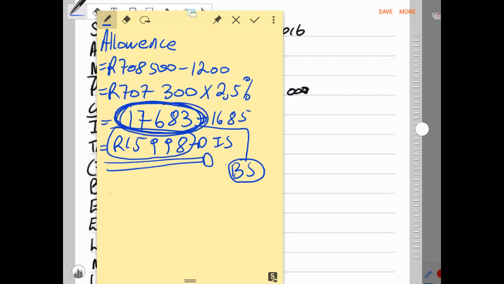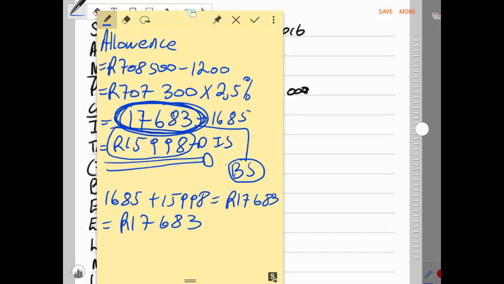Remember, you can say in the balance sheet under debtors, 1,685 plus 15,998. Obviously, this will give you the same 17,683. So either way you do it, it does not matter.